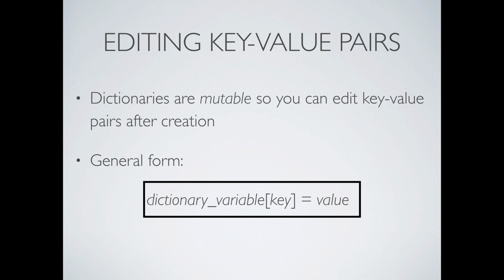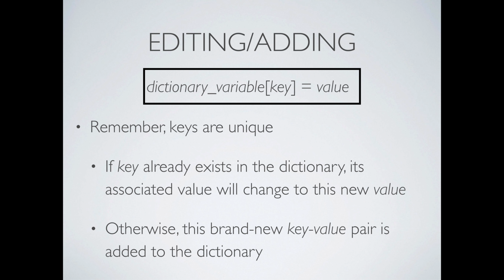So you do dictionary square bracket key equals value, and here key and value are whatever the new key and value are going to be. So again, keys are unique. If the key already exists in the dictionary, what this line of code will do is update the key value pair so that it has this new value on the right hand side instead.